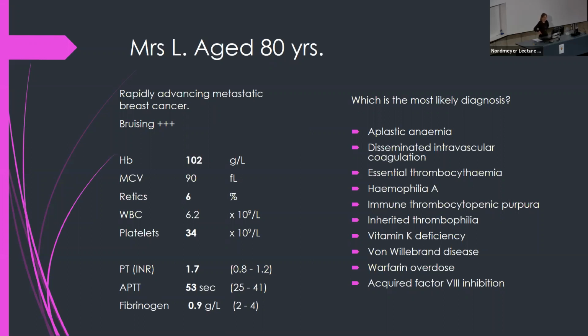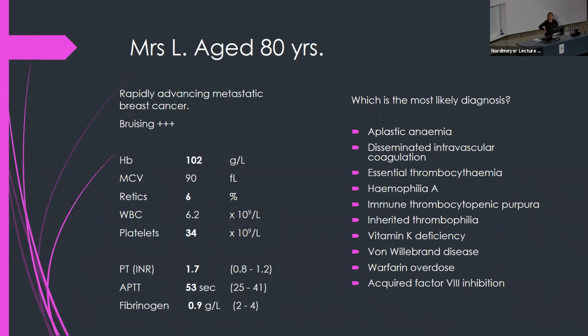Inherited thrombophilia, i.e. inherited defects that put you at risk of venous thrombosis. I don't think that's the problem, because that usually presents as venous thrombosis, not like this. No, I can't make it inherited thrombophilia in any way, shape, or form.